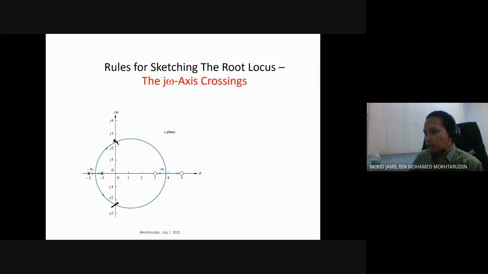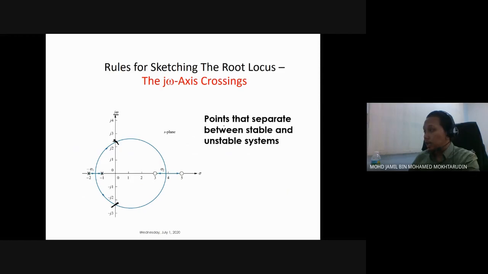So how to calculate the crossing at the JW axis? The root locus will cross the JW axis, but how to calculate this? When the root locus crosses the JW axis, it means that the system will transit from stable to unstable.